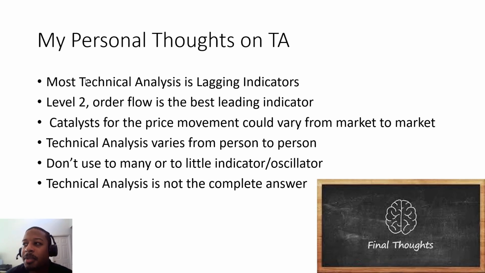But ultimately, it does depend on the catalyst. So, something could happen to where international conflict happens, and the euro is worth more than a dollar. Of course, that's affecting forex traders. But for me, who is trading shares in Apple, it doesn't really affect my price movement. So understand that catalysts can vary from market to market and how it affects you.